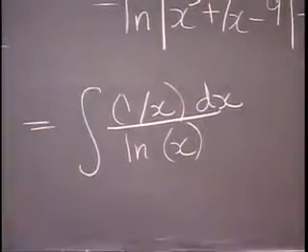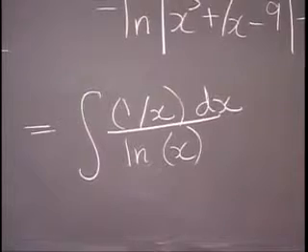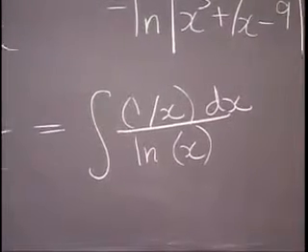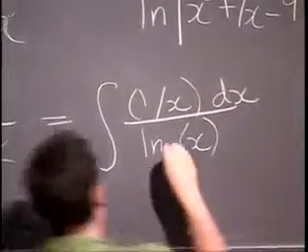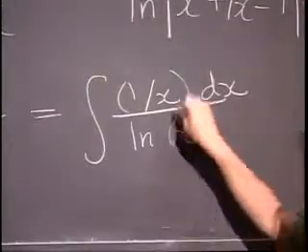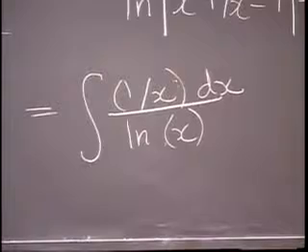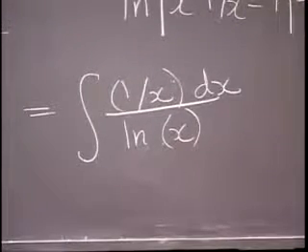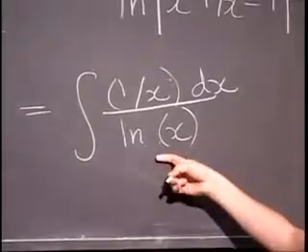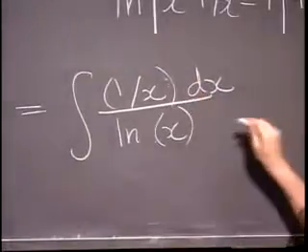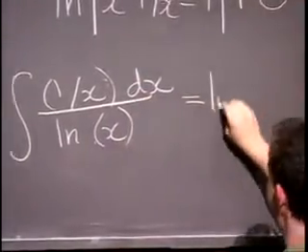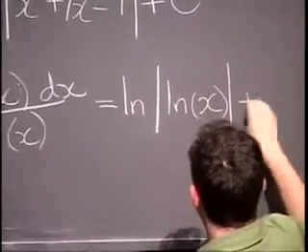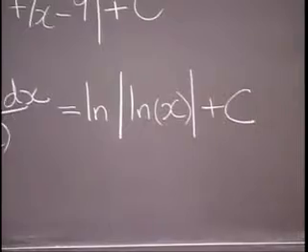This is sort of sneaky. The substitution t equals log x is what you need, but you can save a step. Now I've written it as a function whose derivative, 1 over x, is sitting up in the numerator. And because the derivative is just up there, the answer is just the log of the bottom, with absolute values and a plus c.